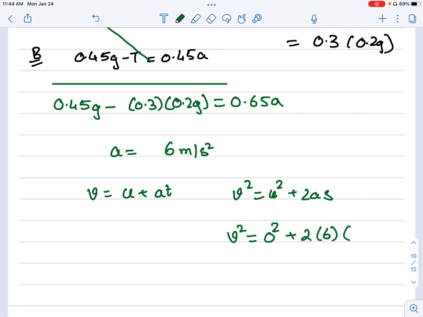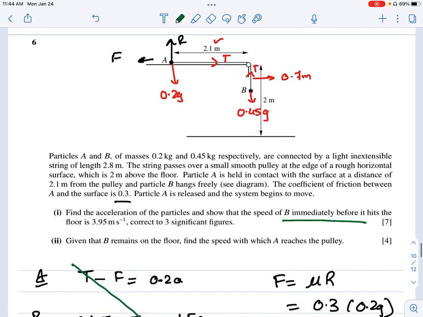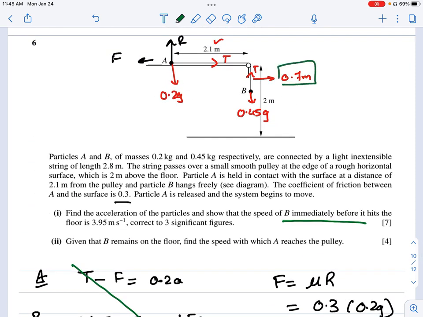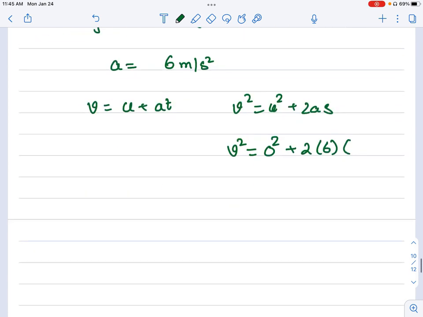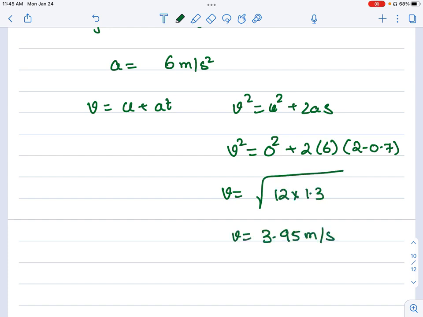So what is the height it is going to fall? Though the pulley is at 2 meters, we initially know that B was 0.7 meters up, so the remaining will be 2 minus 0.7 meters. So the height it is going to fall is not 2 meters, but 2 minus 0.7 meters. So v is equal to the square root of 12 times 1.3. By calculator, it should be 3.95 meters per second.